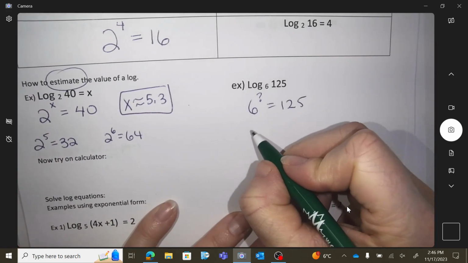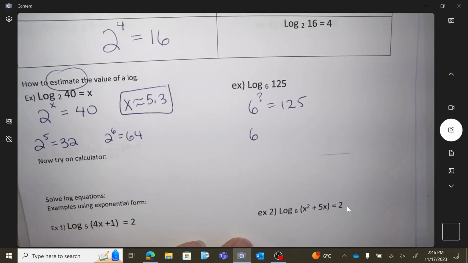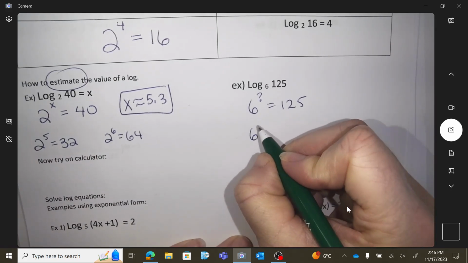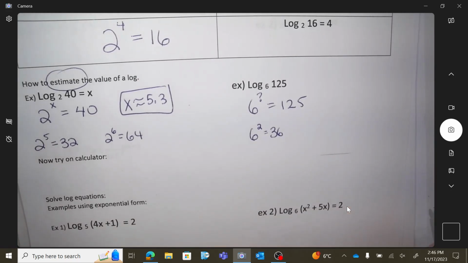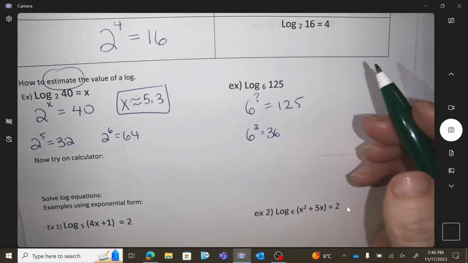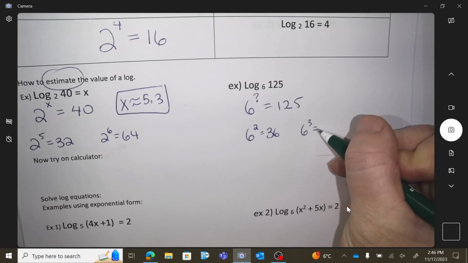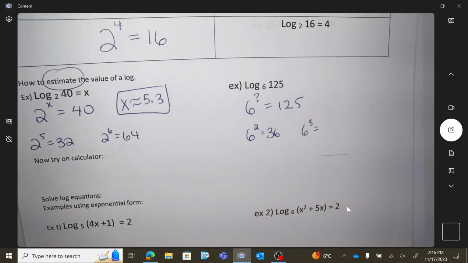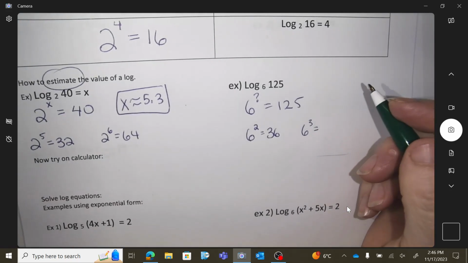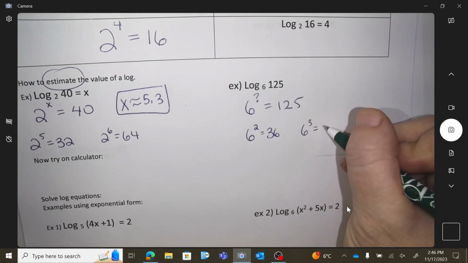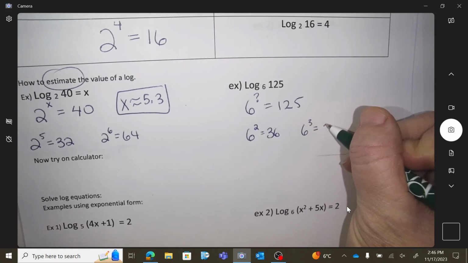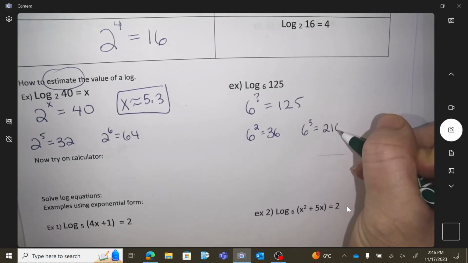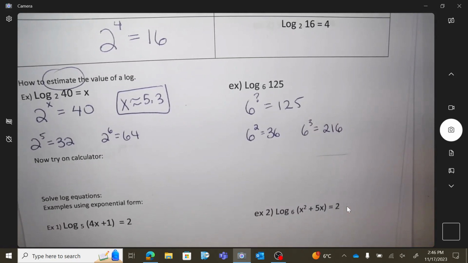Let's talk about 6. 6 squared is 36, that's way too low. 6 cubed, anybody know that number without their calculator? 216.